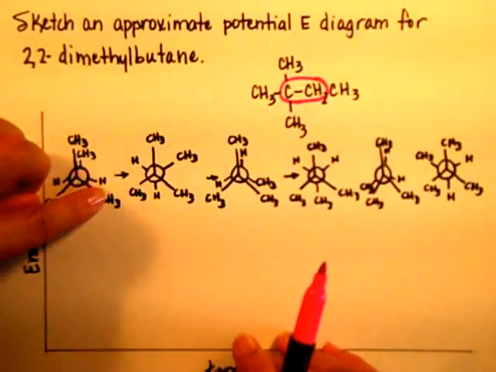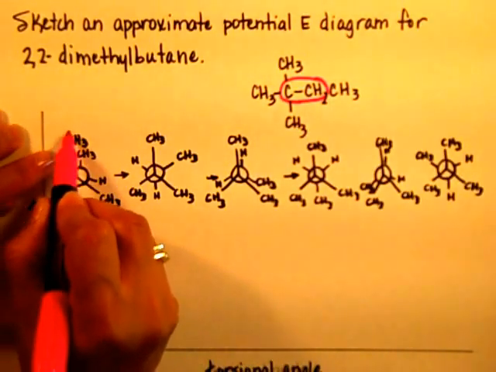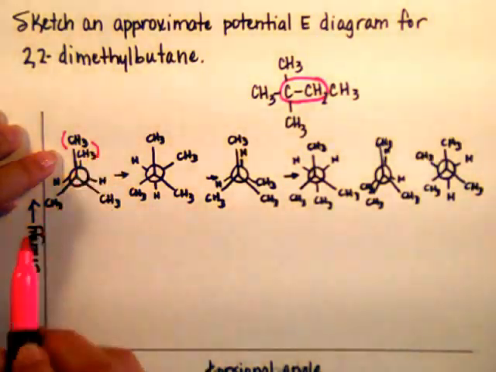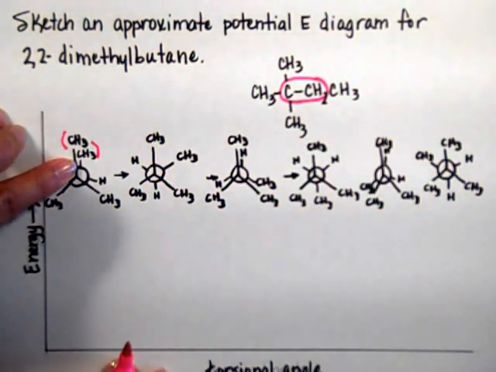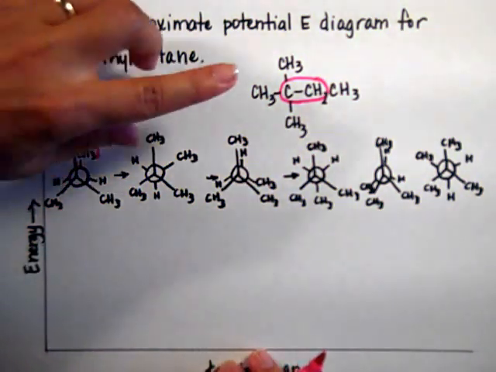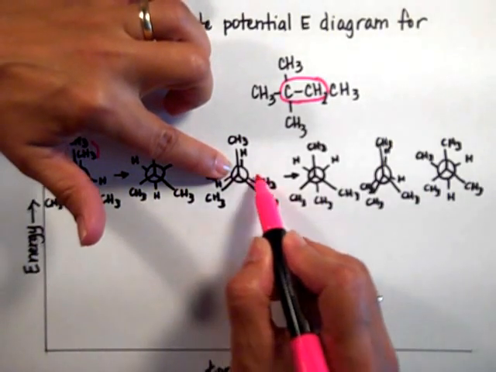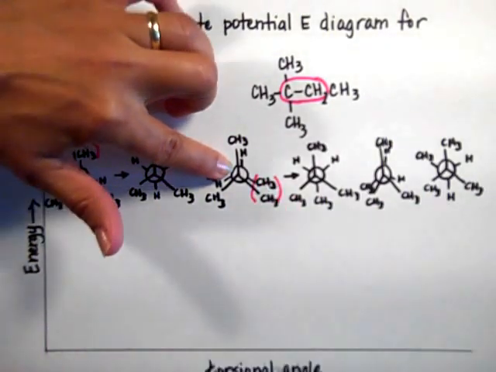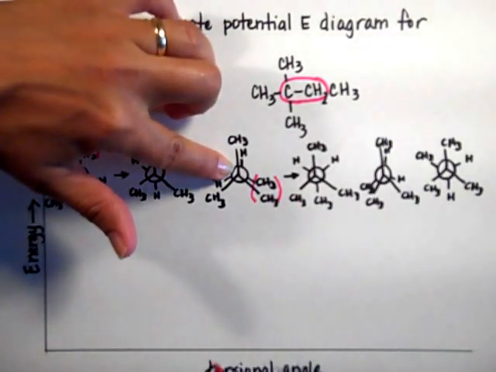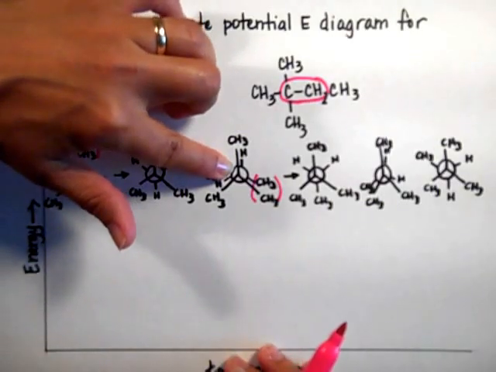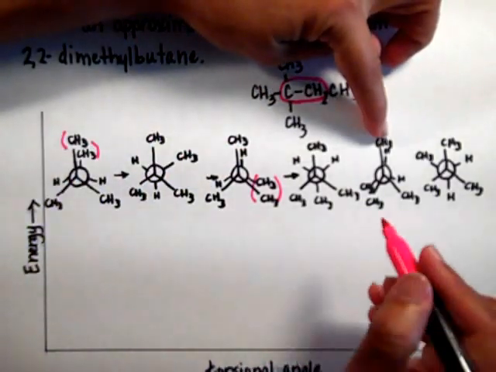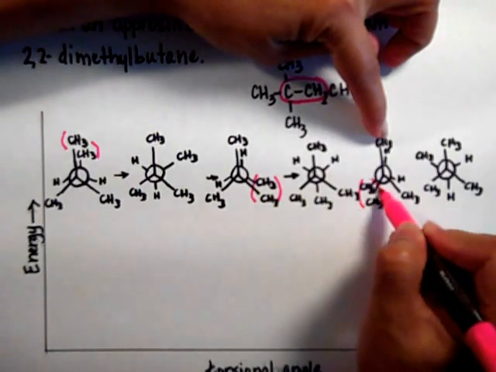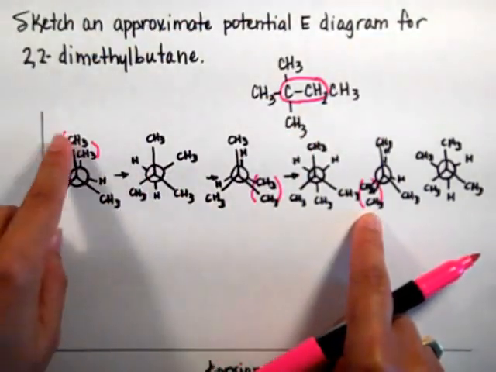In terms of this one right here, I have 2 big groups eclipsed with each other in this eclipsed conformation. This eclipse in the middle also has the 2 methyls eclipsed with each other. That's going to destabilize the molecule. My third eclipsed conformation has the exact same interaction right here.